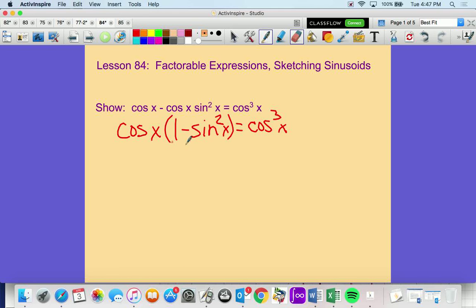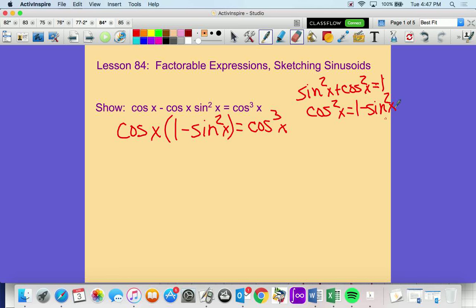Alright, now with this one here, 1 minus sine squared x, what that looks like to me is we've got sine squared x plus cosine squared x equals 1. I can subtract this sine squared x over to get cosine squared x equals 1 minus sine squared of x.